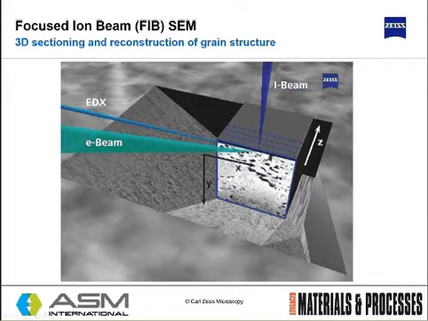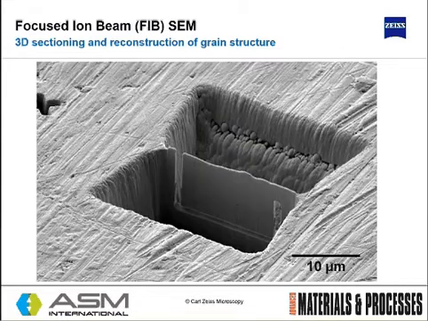An ion beam, typically gallium, will then quickly mill back the sample in the Z plane, which means that successive EDS maps can be performed on different slices of this sample. The reconstruction of that grain structure is able to map in 3D the elemental composition through EDS, and you can also perform 3D EBSD for the 3D crystallography and grain structure of that sample.